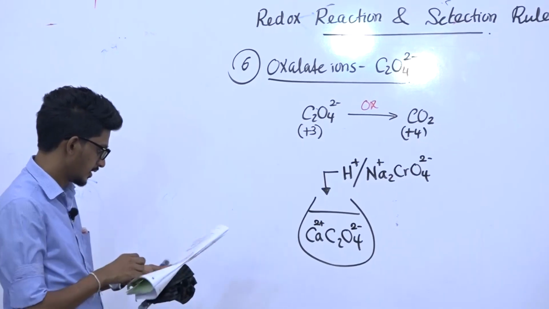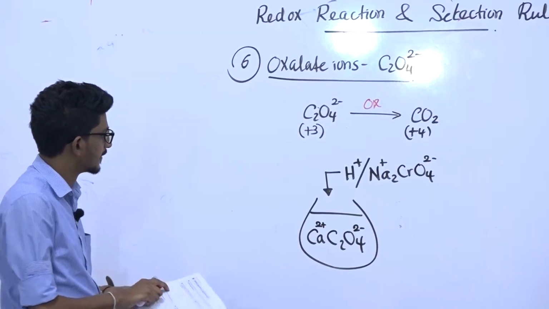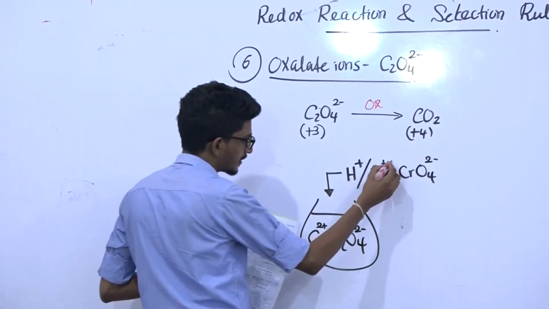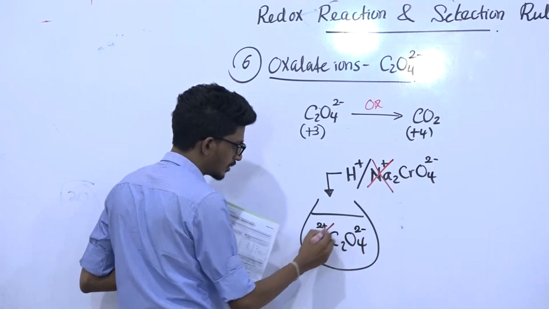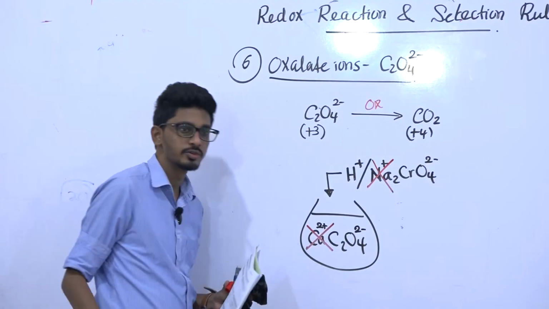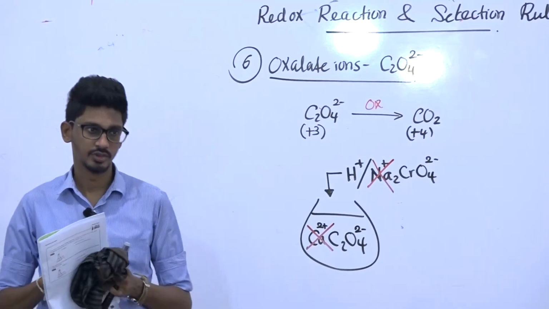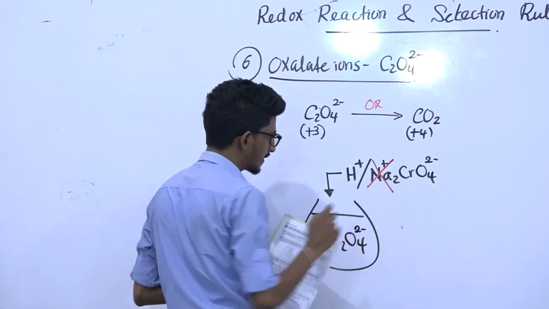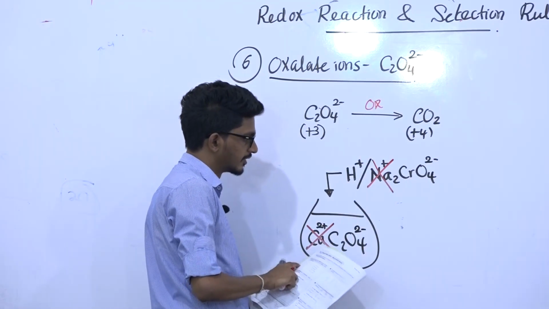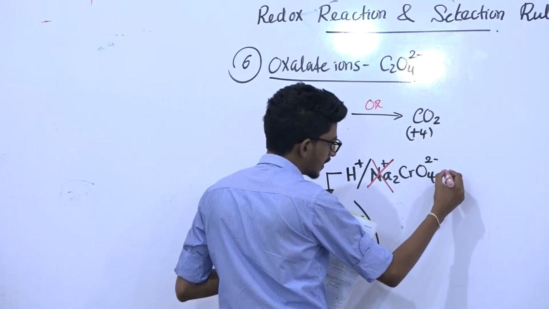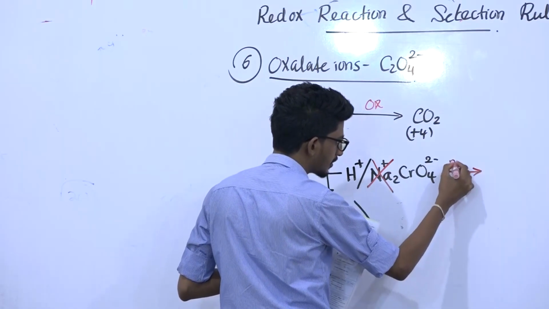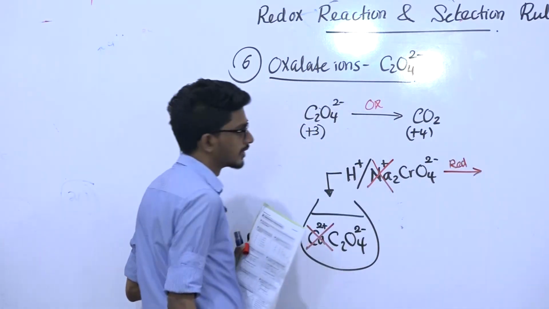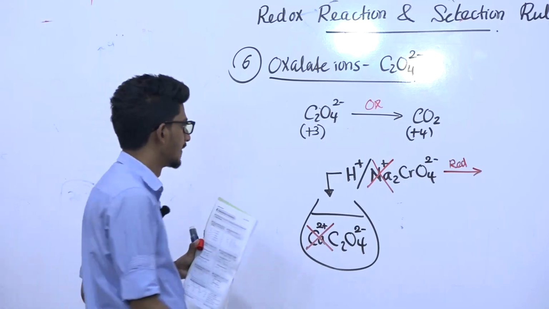See, the first thing is that the sodium ions as well as calcium 2+ ions are never involved in redox processes, as those are s-block guys. Then the chromates, we know the chromates will reduce in acidic medium.